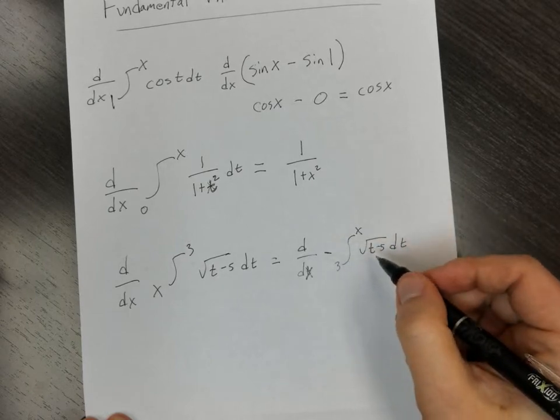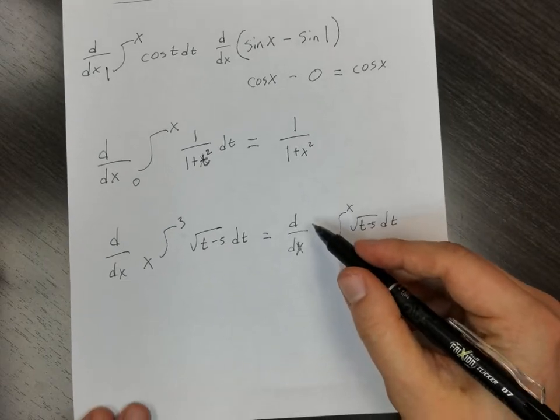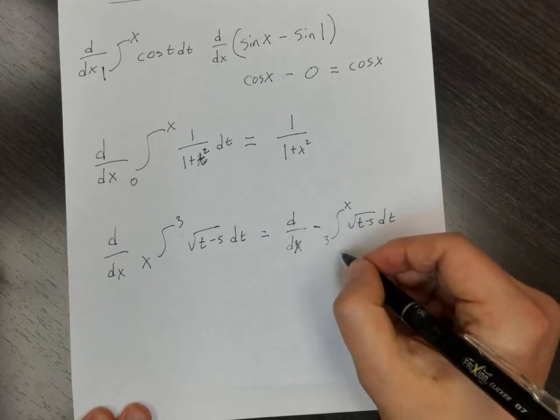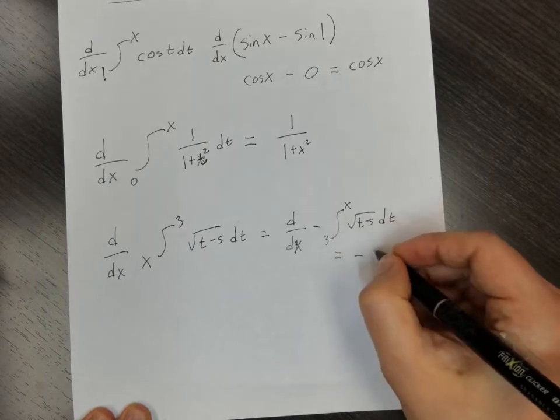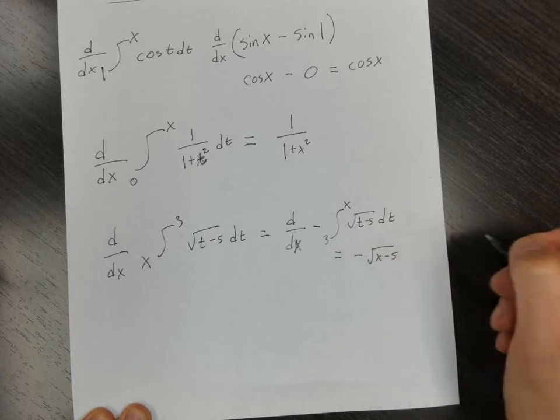Now we can do it like we normally would, only now I have this negative coming along for the ride as well. So this would be equal to negative square root of x minus 5.